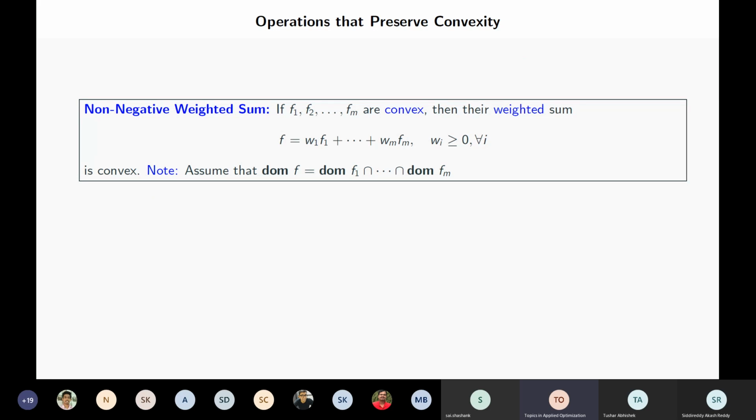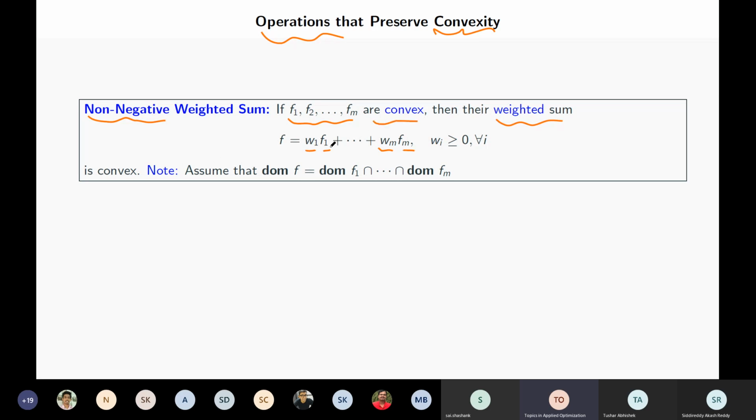Now, what are the operations that preserve convexity? So for instance, if I do a non-negative weighted sum, so if f1, f2, up to fm are convex, and if I do a weighted sum like this, w1 f1 plus up to wm fm, where the w are the weights, then their weighted sum is convex.